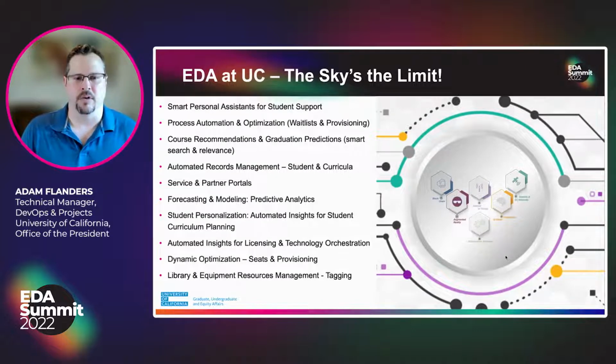Putting an event mesh over event-driven architecture allows us to be ready for those inputs and outputs to utilize all these new technologies, which ultimately could mean things like automated records management, new forecasting and modeling, say around predictive analytics, optimization on a more dynamic basis around automated seats and provisioning around courses.